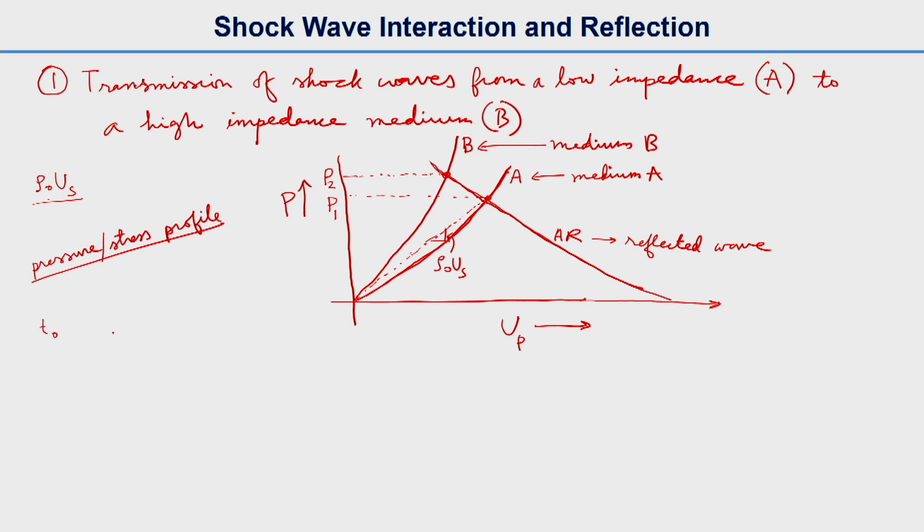At time t naught, I am drawing this vertical dotted line, which is the impact interface. At time t naught, the pressure pulse is the shock pulse, it has a steep shock front, and the pressure will be P1. So this is the shock wave.